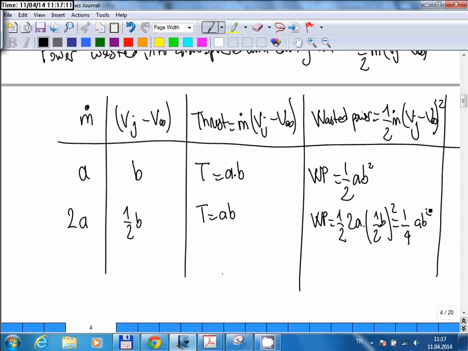So that means I'm generating the same thrust as before, but I'm wasting half the power I wasted previously. Okay, so this is because you have the speed difference here, but you have the square of the speed difference in this equation. So this is a good thing, right?